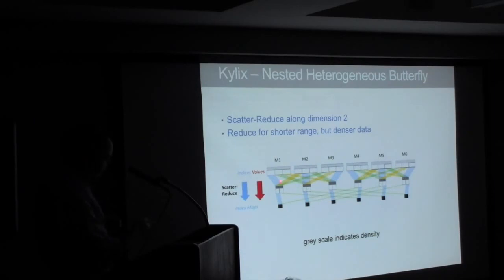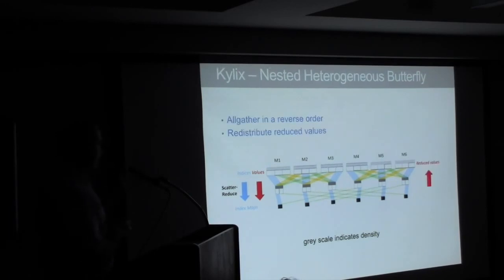If you look at the volume of each message, the volume is also roughly the time it takes to send the message. And the volume is decreasing dramatically as we go down the network. Hopefully that captures some of the intuition. Once we get to these black nodes, we've fully reduced the data, so each black node has the sum of data from all nodes.